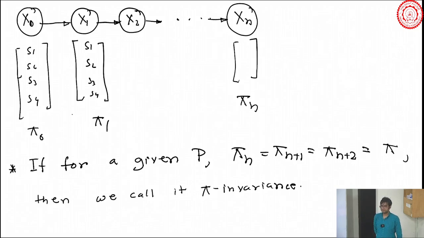Is it clear what stationarity is in this case, what pi invariance is, and that it does not happen for just any p, you need to design that p? These are the three things that should be very clear to you. And lastly, pi invariance is a necessary condition but not a sufficient condition. There are additional conditions, I'll come to that.